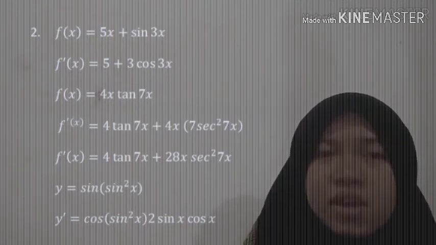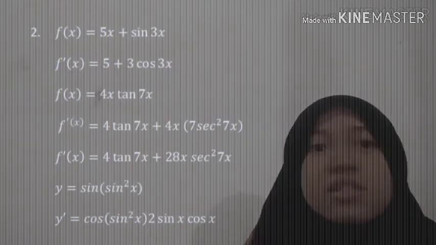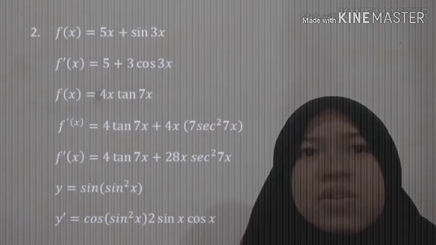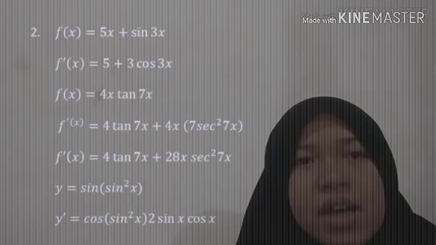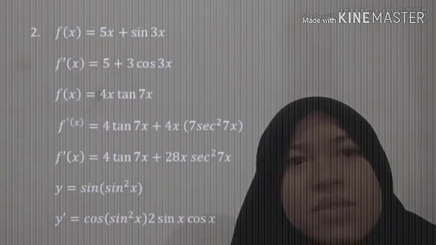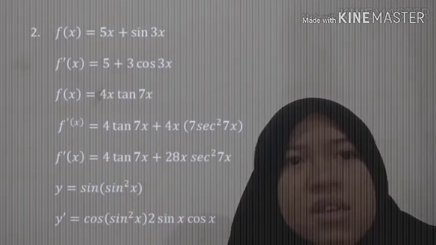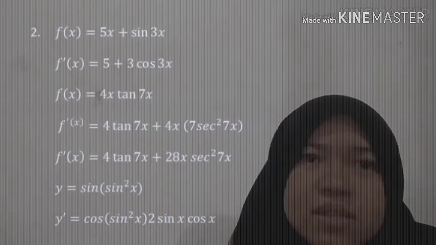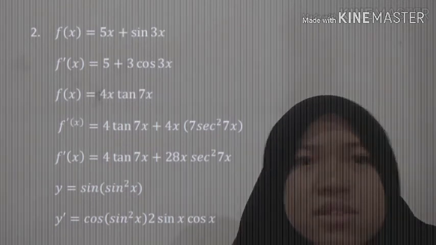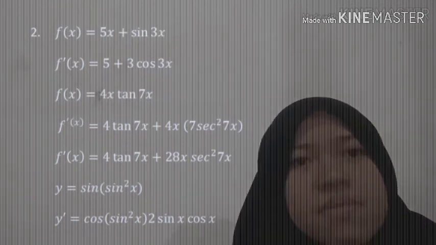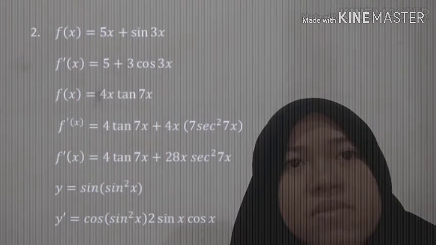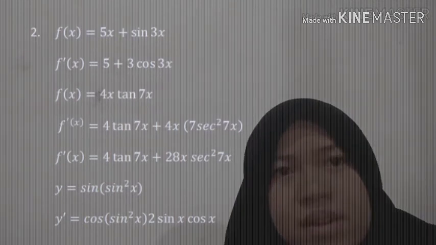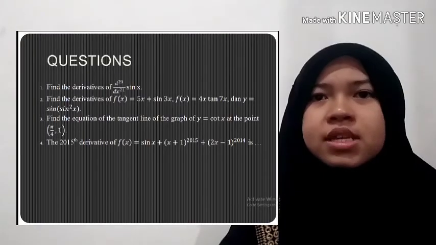By using the chain rule, sine square root of x, the derivative of sine x is equal to cosine x. So the derivative of sine square root of x is equal to cosine of square root of x times the derivative of square root of x.